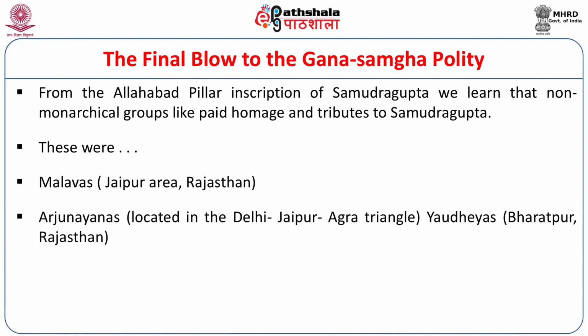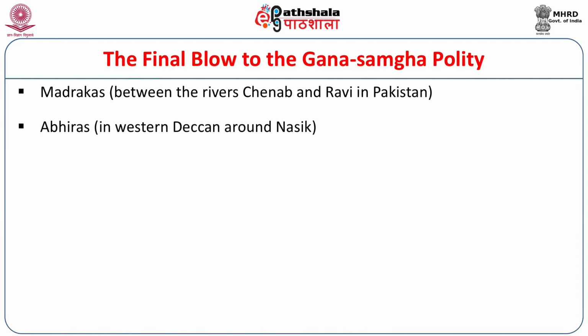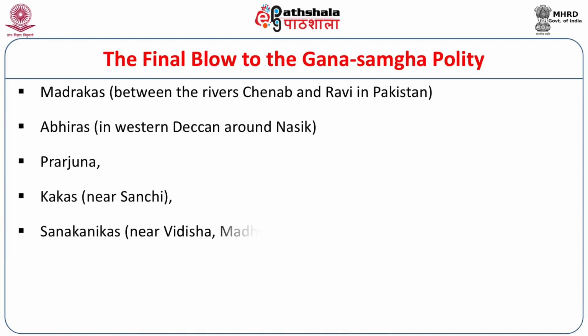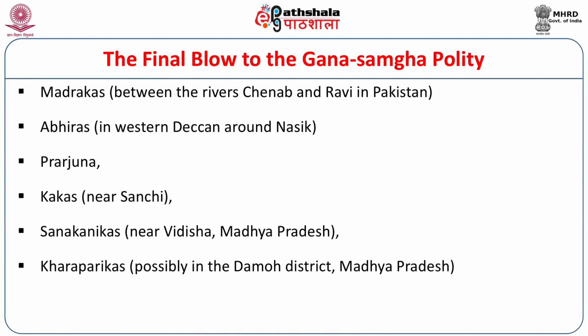You have seen the map earlier: the Yaudheyas, and then the Sakas, Kharaparikas, Madrakas, Abhiras, Prarjunas, Sanakanikas. These were all ruling in different pockets, and finally they were annihilated by the Gupta ruler Samudragupta.